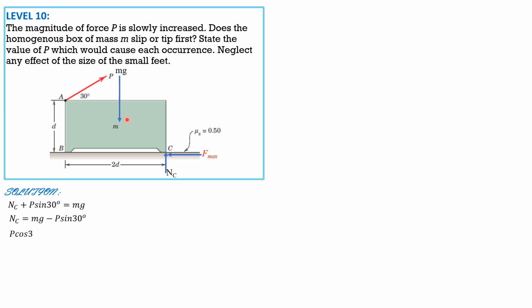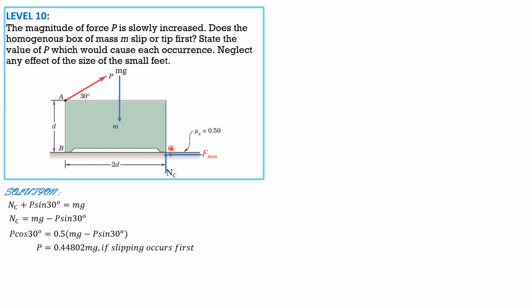Then summation forces horizontal: P cosine 30 minus F max, which is coefficient of static friction 0.5 times N sub C, and N sub C is mg minus P sine 30 degrees. Therefore, P is 0.5 of mg divided by quantity cosine 30 plus 0.5 sine 30 degrees. And P would be 0.4480 of mg if slipping occurs first, because our equation is summation forces horizontal.